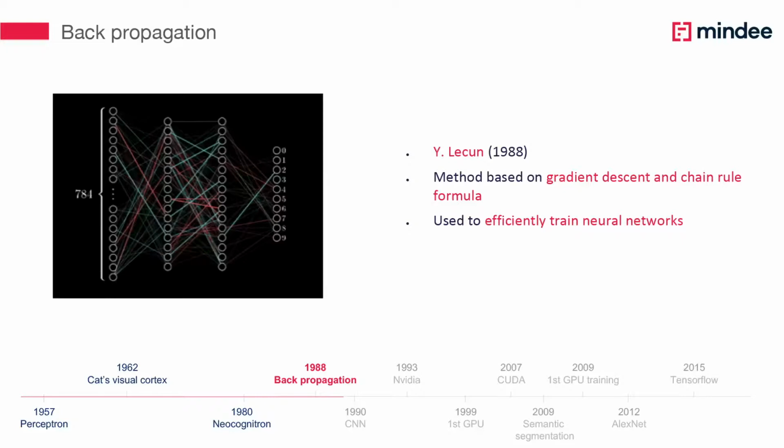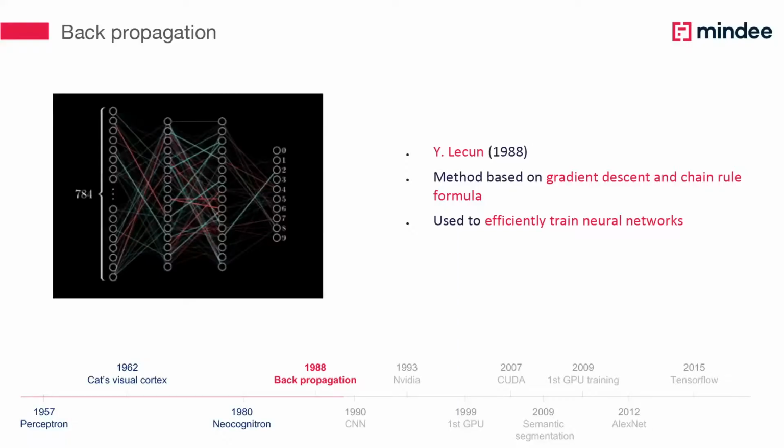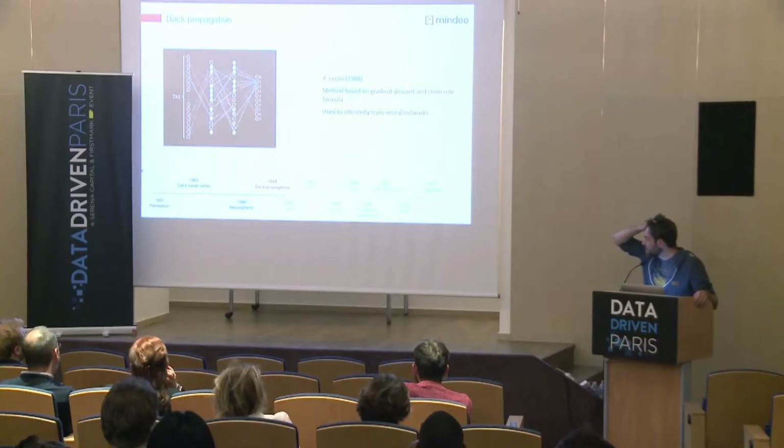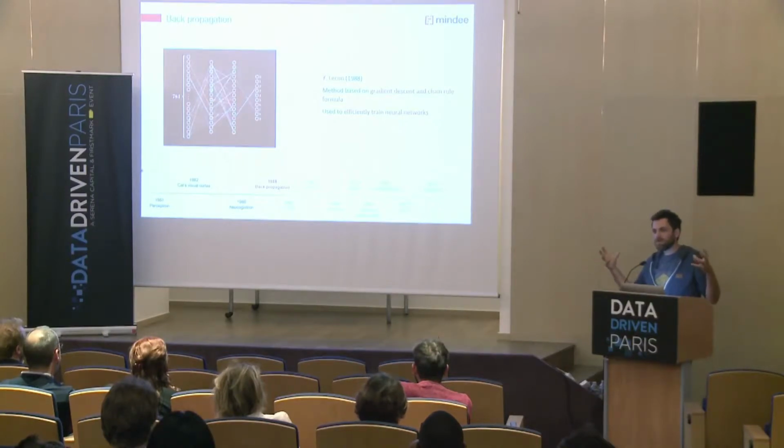In 1988, he worked on a framework called the backpropagation framework. It's a method of optimization that makes us able to efficiently train a multi-layer neural net. In the quick animation you can see on the left, trying to make a whole deep learning model learn with a fully analytic approach is very complicated.